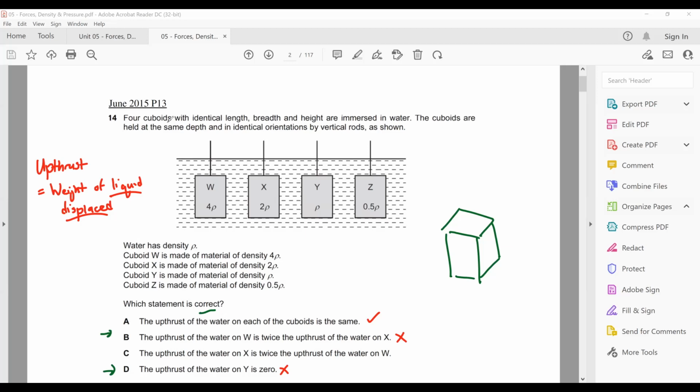Now, they told you here you have 4 cuboids with identical length, breadth, and height. And basically, this statement already tells you that the 4 cuboids have the same volume, isn't it? Let me tell you that this one is the length, this one is the breadth, and this one is the height.